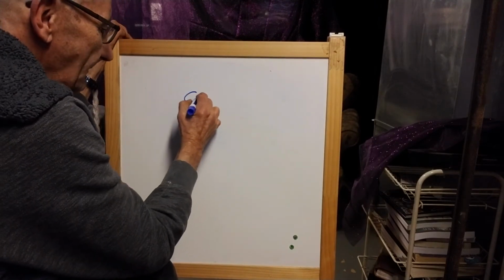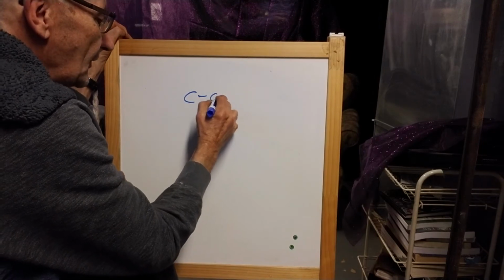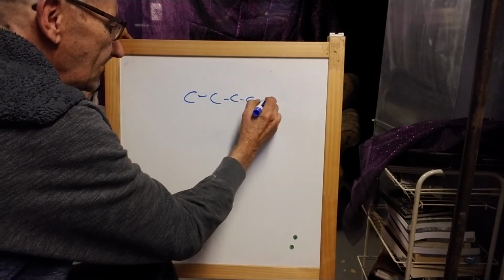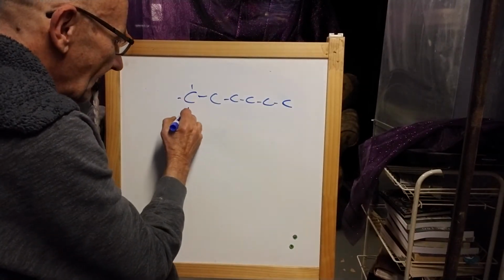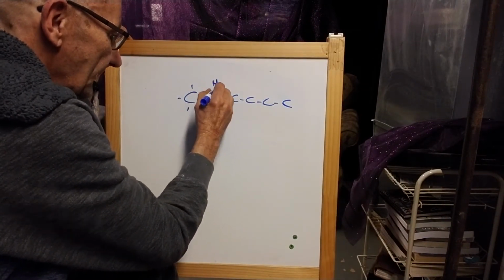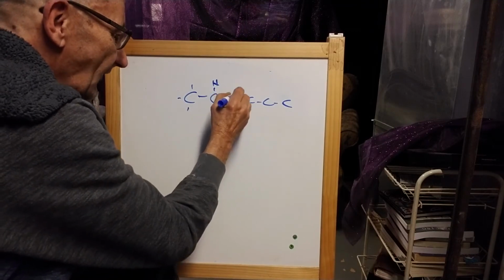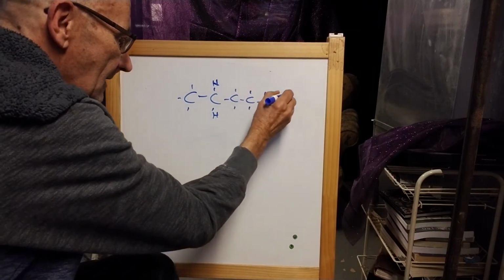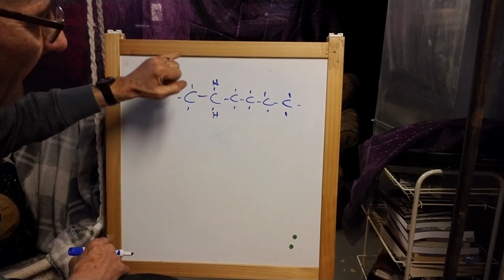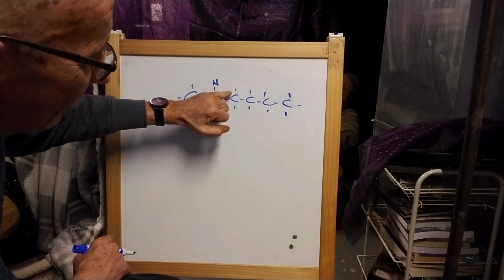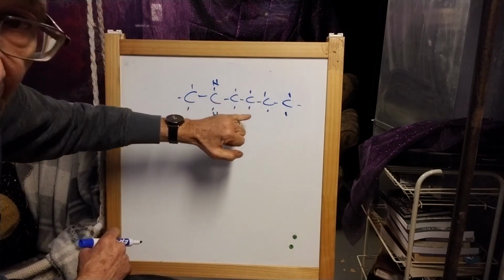In saturated, remember, let's make it 6 carbons. 1, 2, 3, 4, 5, 6. No double bonds. These would all be H's. Okay, just pretend they're all H's. He is saturated with hydrogens at every point because he's got no double bonds.